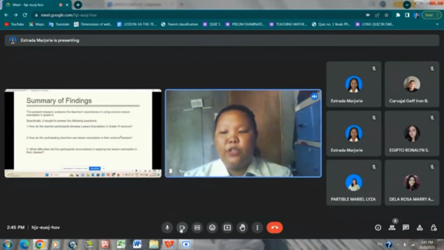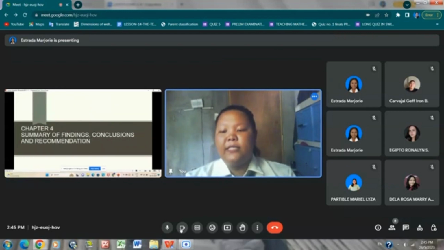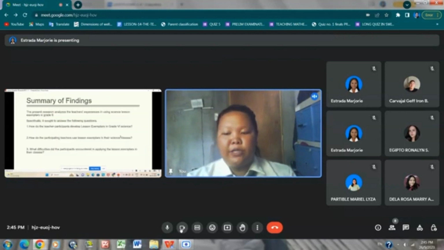Now, let's move on to Chapter 4. Summary of findings, conclusion, and recommendation. Summary of findings. This chapter presents the summary, conclusions, and recommendations. The present research analyzes the teachers' experience of using lesson exemplar in grade 6 science. Specifically, it sought to answer the following questions.